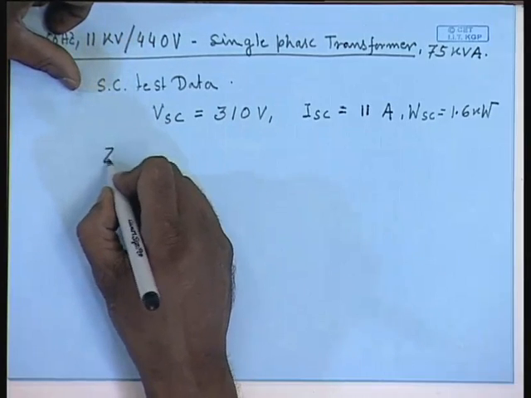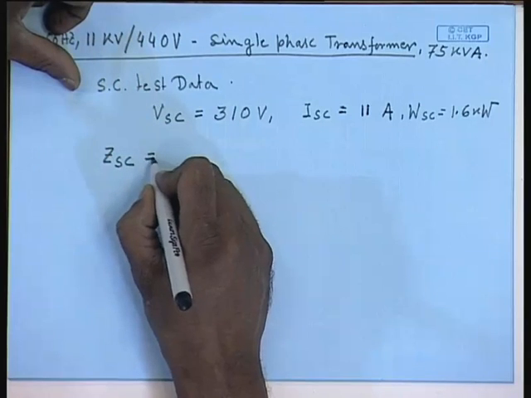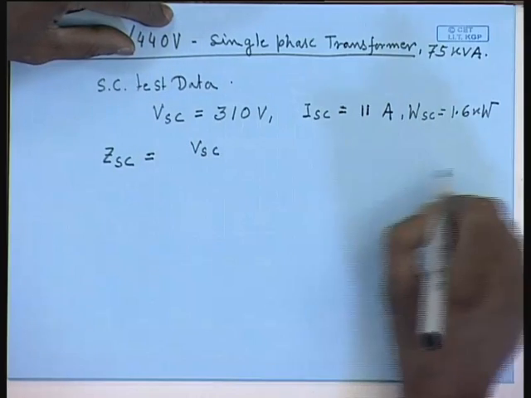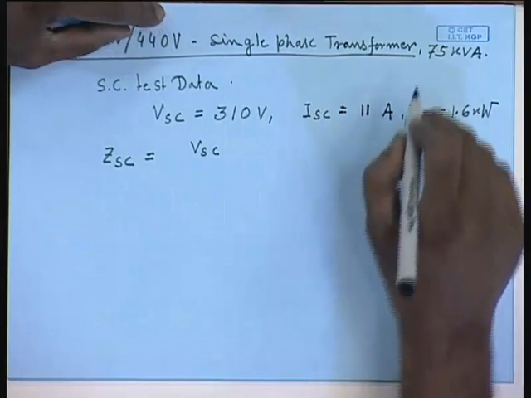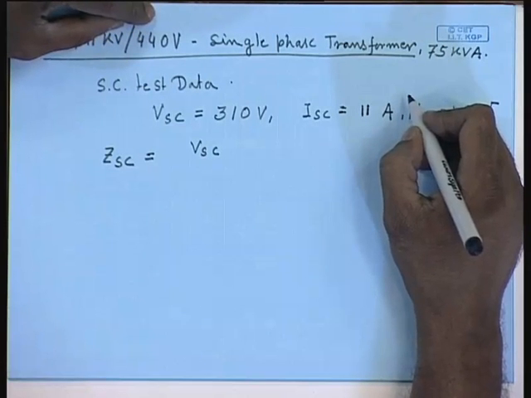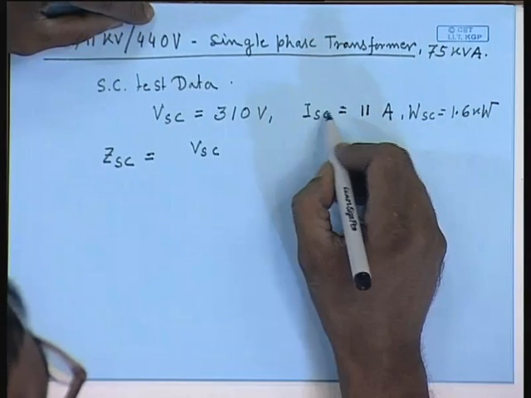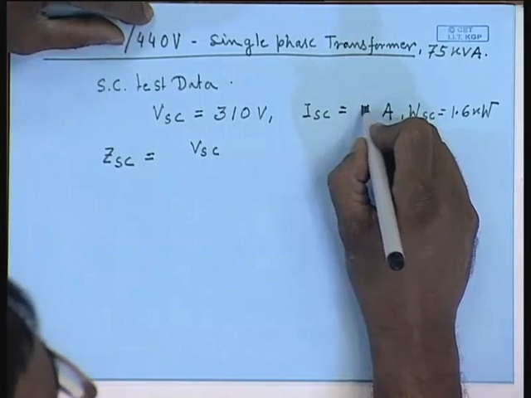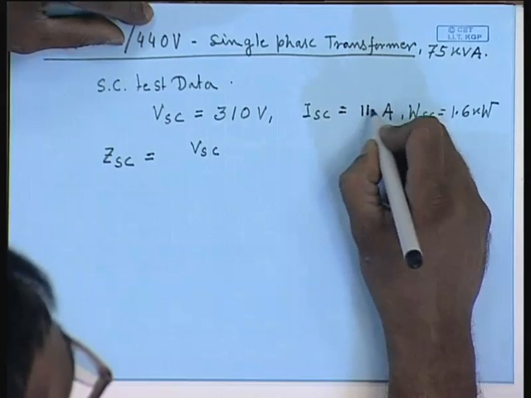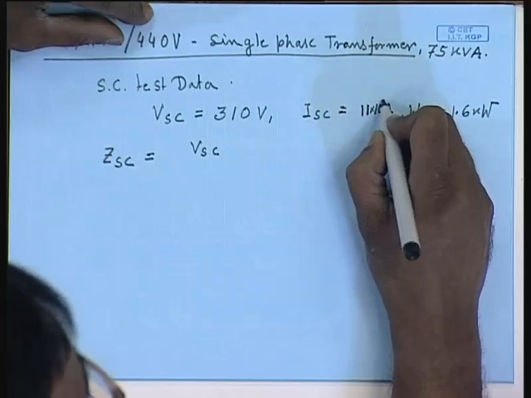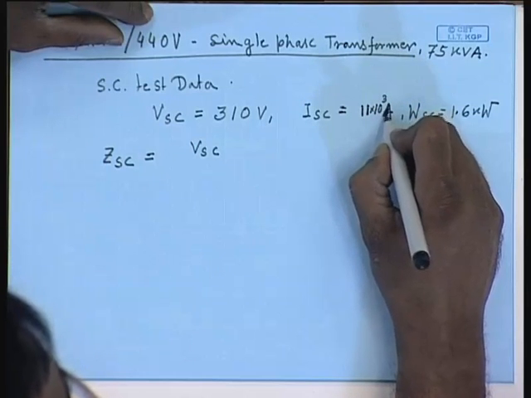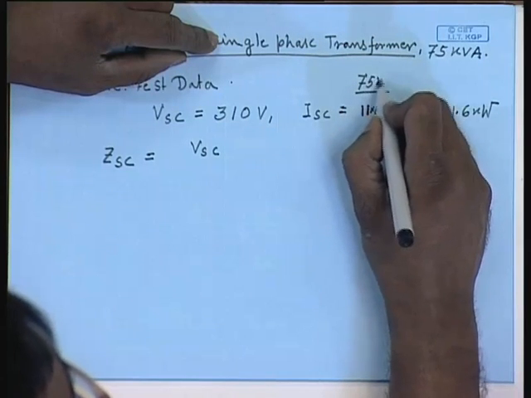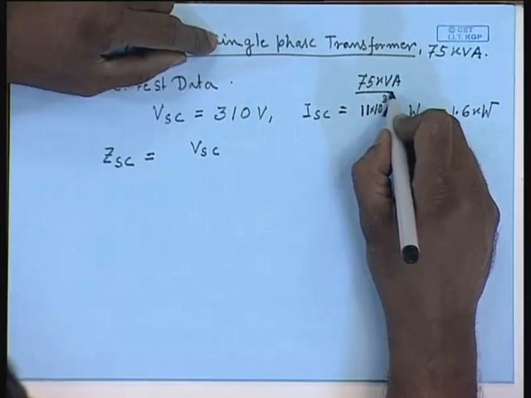First we find out ZSC. ZSC equal to VSC by ISC, where ISC is the rated current, that is not 11 ampere, it is 75 kVA divided by 11 kV.